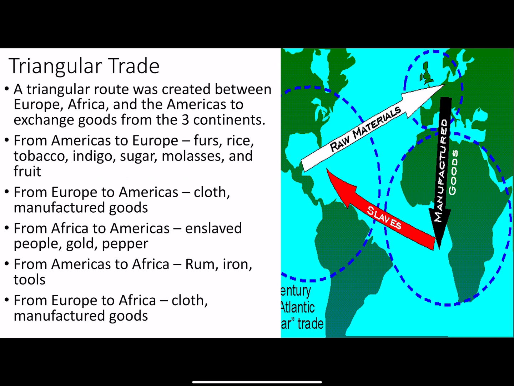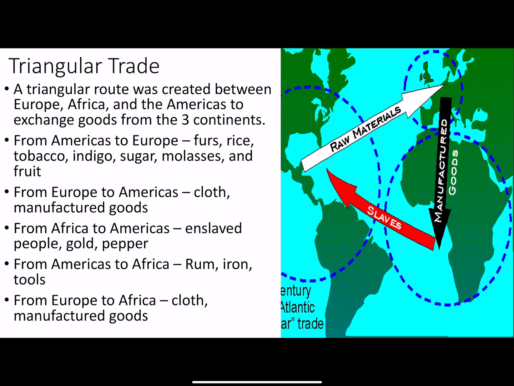Okay, moving into what we are calling triangular trade. So over here on the map, let's talk about the map first. We have Europe as the small circle at the top, and then Africa in a circle, and then North and South America in another circle. Triangular trade means there were 3 different locations, 3 different drop-off points for each one of the goods.